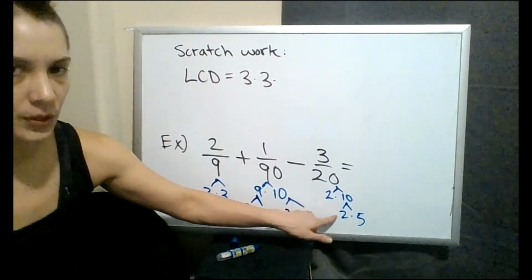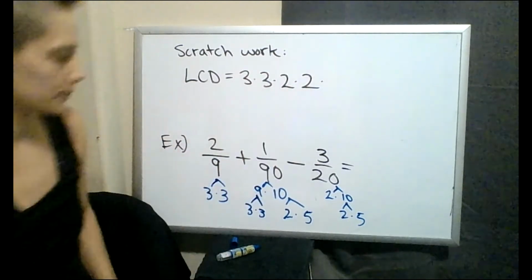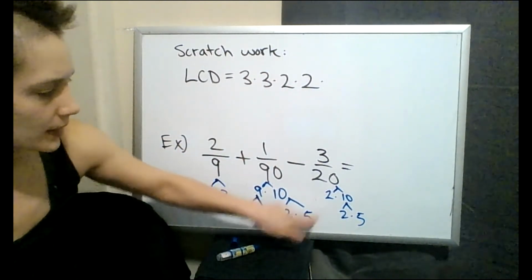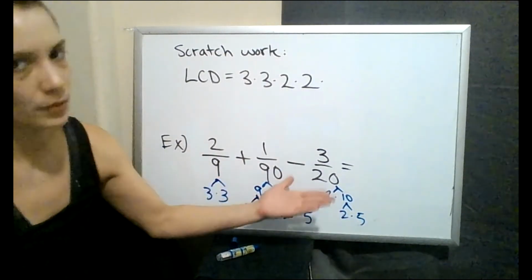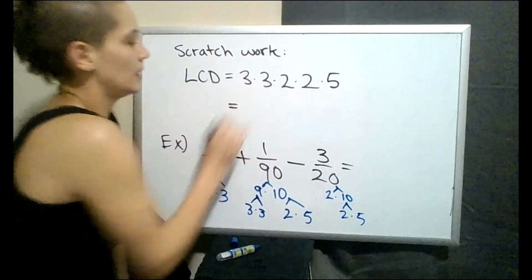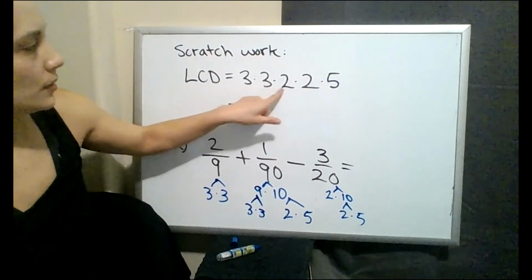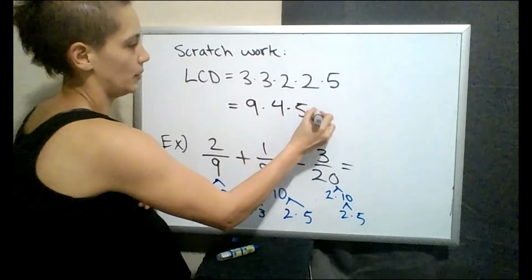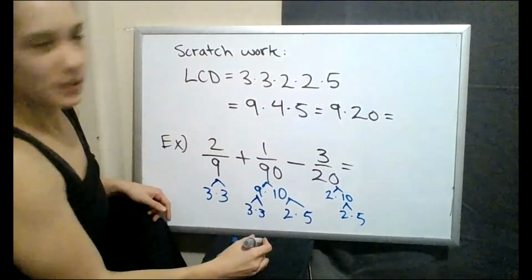So we're going to pick 2 of the factor 2. All right, 3, 3, 2. Here's a 5. There's a 5. There's 1 5 here, 1 5 there. We pick just 1 5. And let's see, what's this number? 9 times 4 times 5. What's 9 times 20? 180.